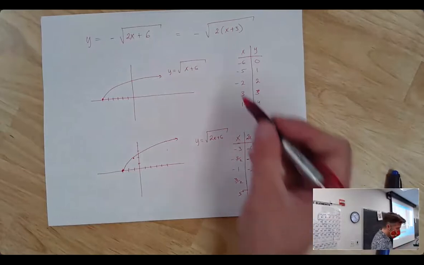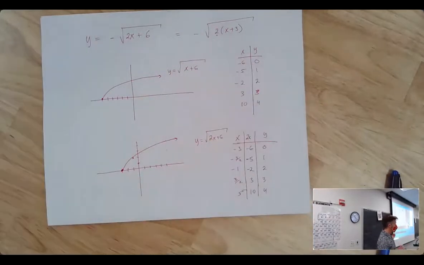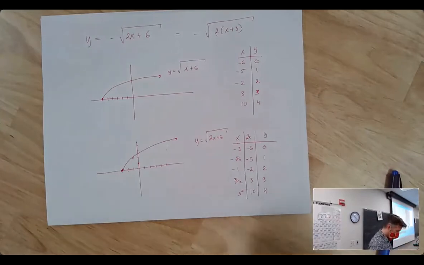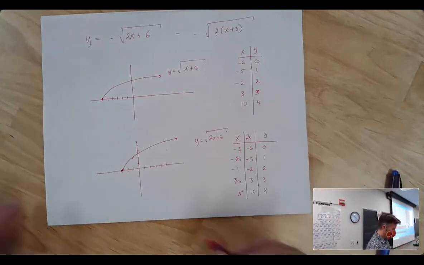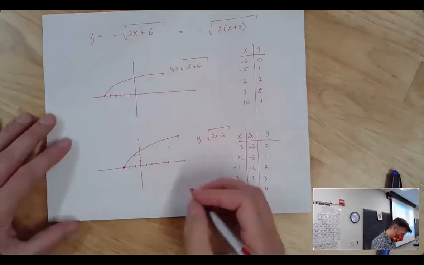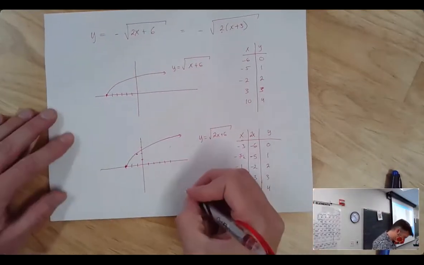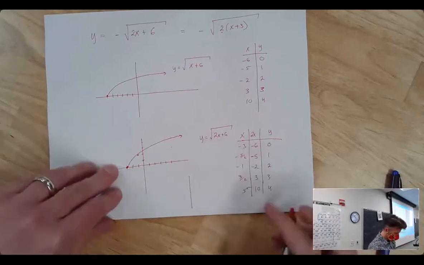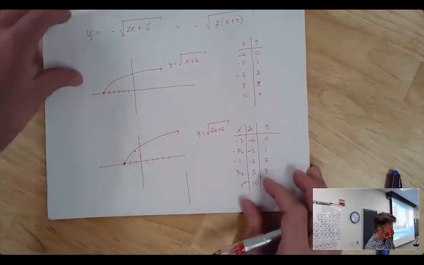Or you could instead just factor out the 2 first, do the shift to the left by 3, and then see it there. And then to finish it off, the negative out front is going to flip it over vertically. So I'm going to leave myself a whole lot of room here. That's terrible, James. Let's just use another piece of it.